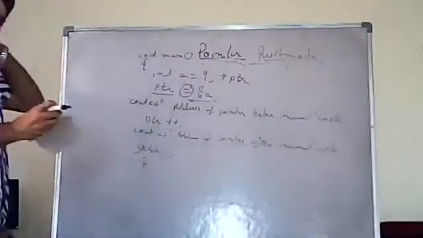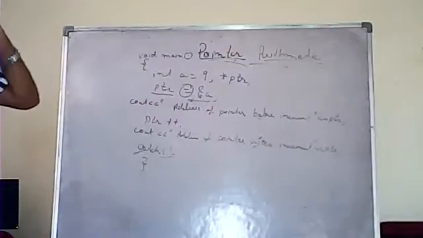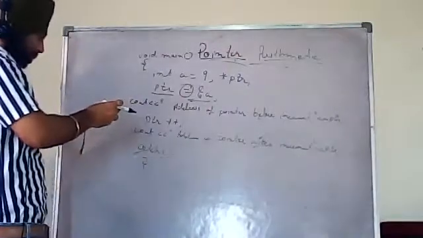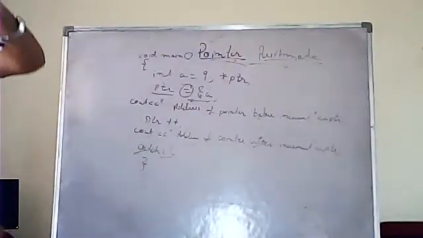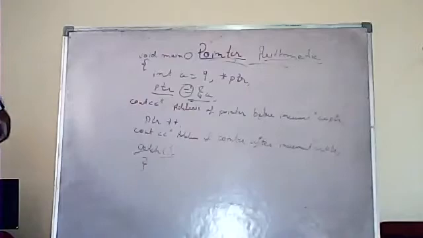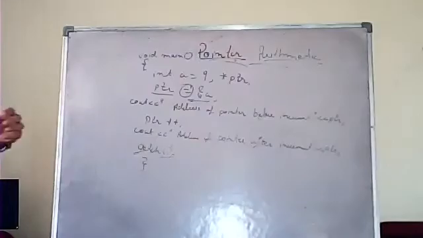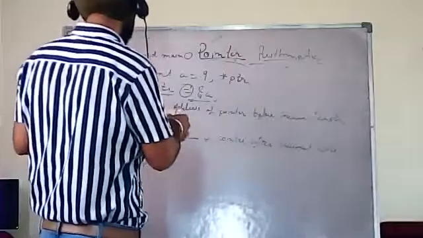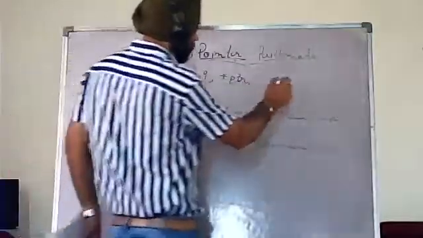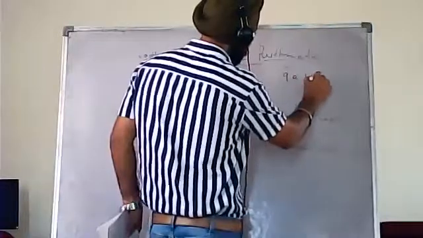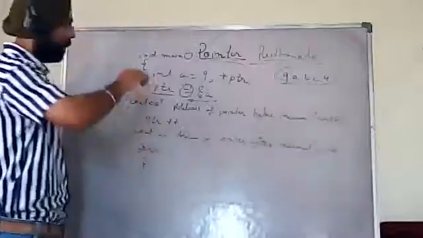So how will it work? It will print the incremented address. Suppose the address before is 9abc4, suppose this is the address of your pointer variable.